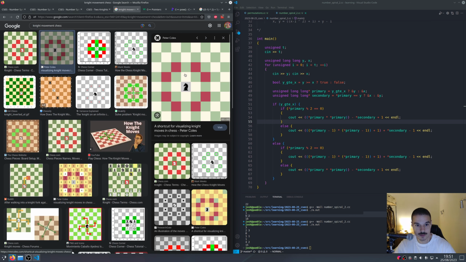So I guess here it's saying you can go 1 and then 2, 3. So actually a knight can't move on a 2 by 2 chessboard. It could move on a 3 by 3 chessboard.